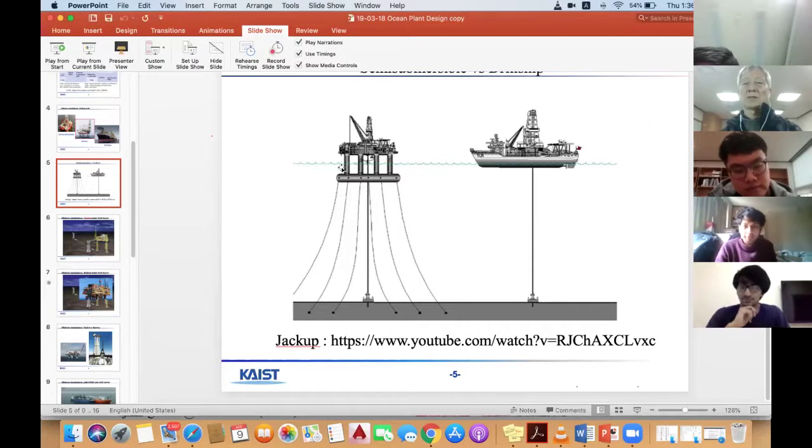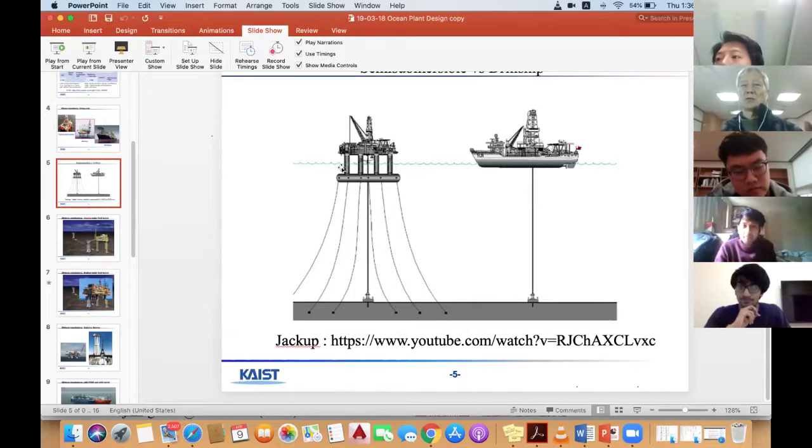And then the thin wires, we call these mooring lines. They are only for keeping the floating unit from moving, for stabilizing. Because there is a current, water is moving, wind is blowing and waves are coming.